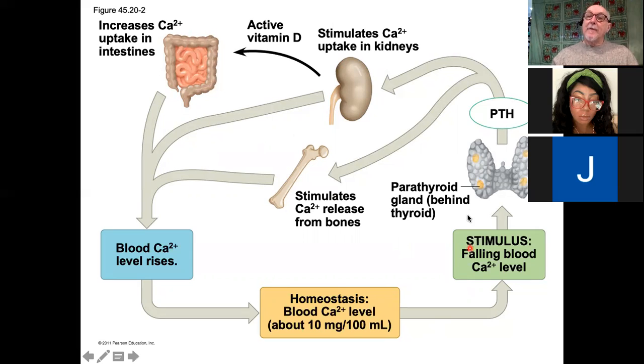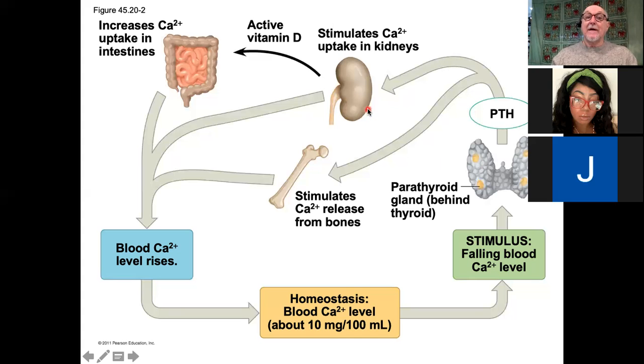So the parathyroid hormones, the parathyroid gland rather, will respond to changes in calcium levels in the blood, and it will respond to lowered calcium levels by releasing parathyroid hormone, which acts on the kidneys.